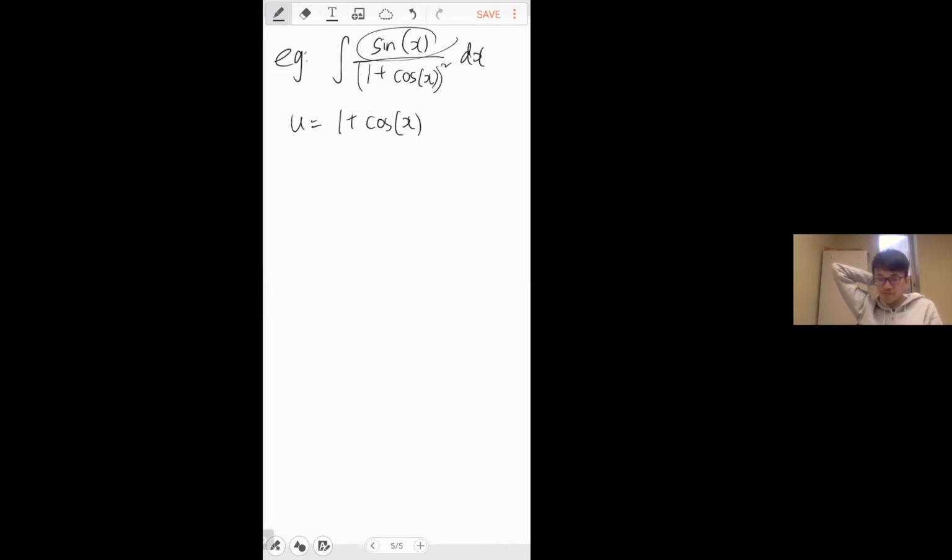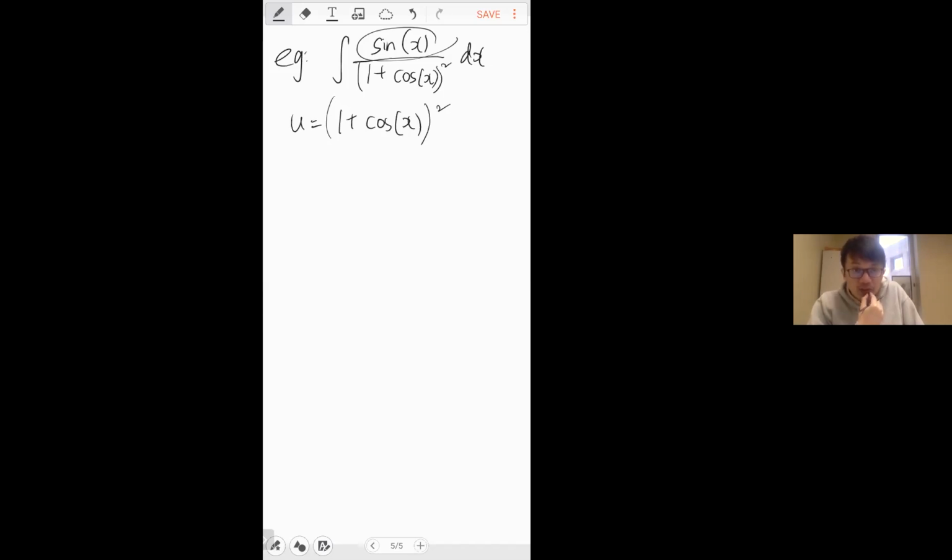And so you might be thinking, what about 1 plus cosine of x squared? Why am I not using this? The reason is it just doesn't work. So this is just from experience.